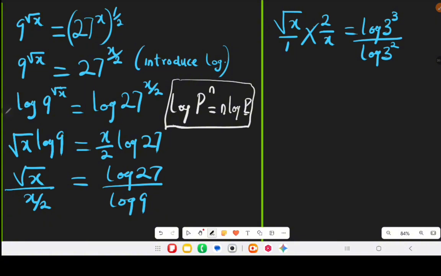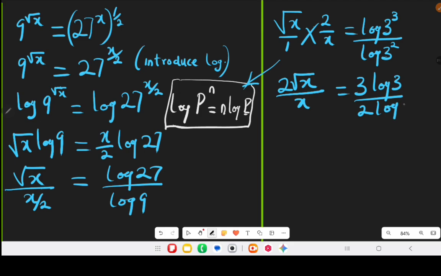When we multiply across, we have 2 root x all over x equal to, using the power law we used here, 3 log 3 all over 2 log 3. We continue: we have 2 root x all over x, meaning root x times root x will give us back x.